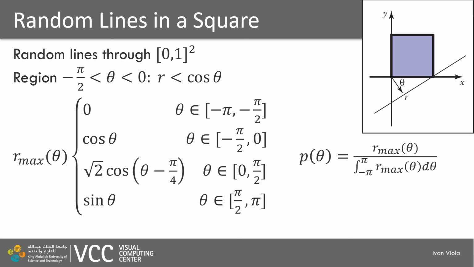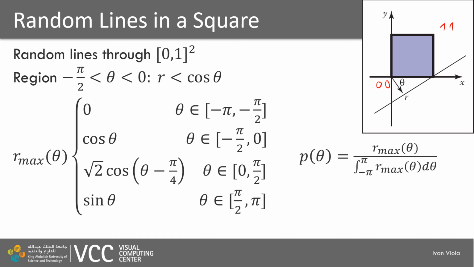Let's use several aspects which we have learned today on fair sampling: uniform sampling of a square defined between 0, 0 and 1, 1, as the random sampling of lines which go through this rectangle.